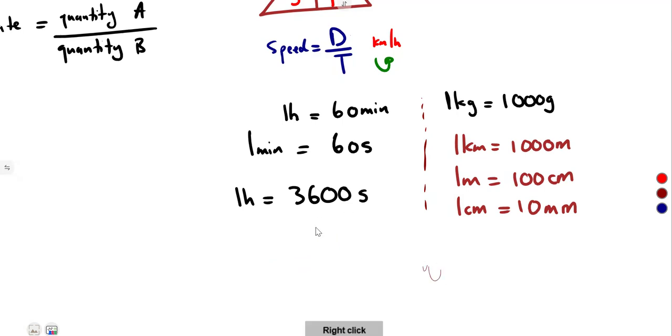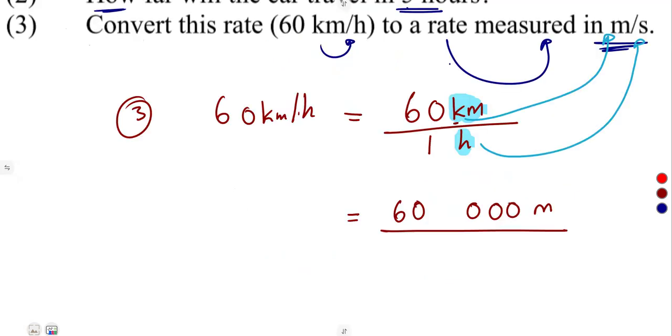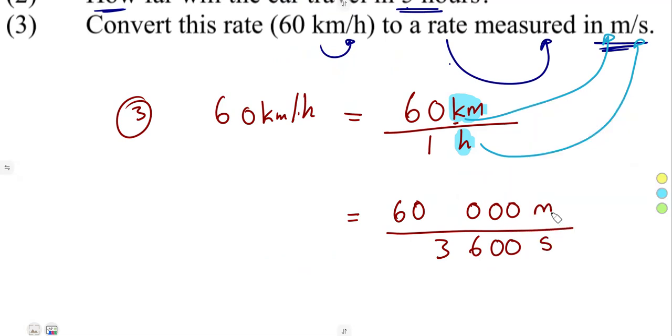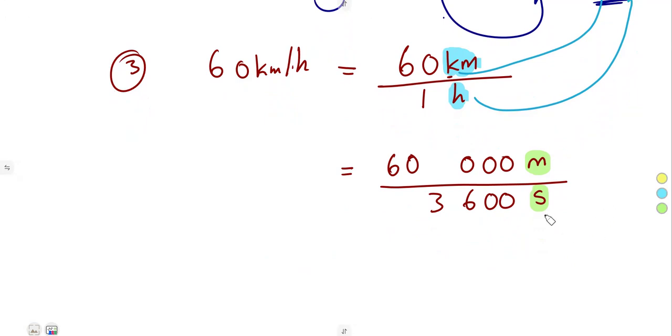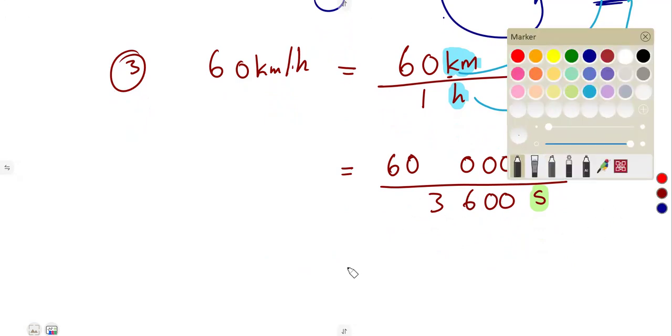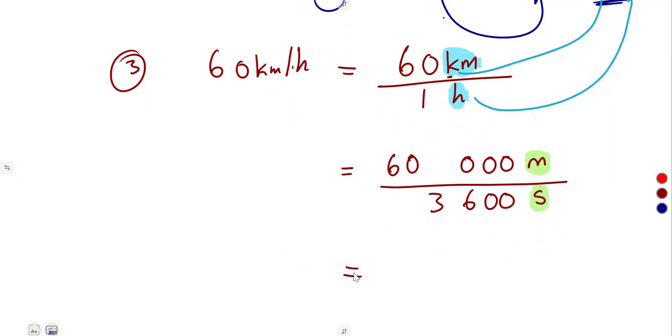So in place of that 1 hour, we have 3,600 seconds. So we have now meters over seconds. It will give us meters per second. By simplifying this, your answer is going to be in meters per second. So simply divide the two.